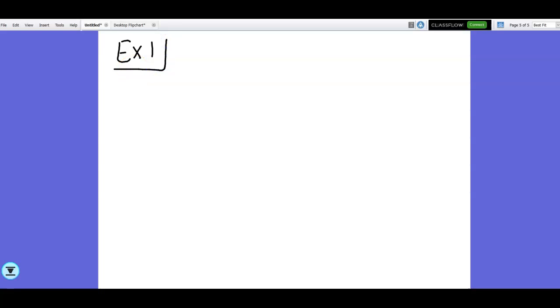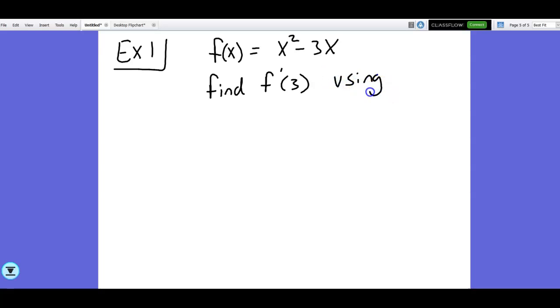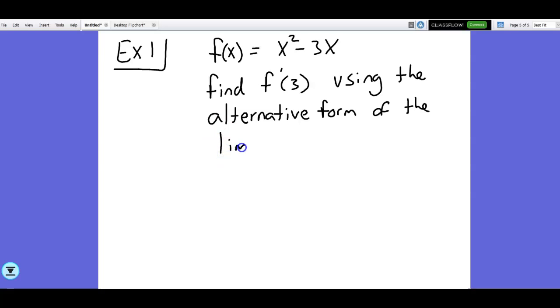Let's say I had f of x equals x squared minus 3x, and I wanted to find f prime of 3 using the alternative form of the limit definition of a derivative. All right.